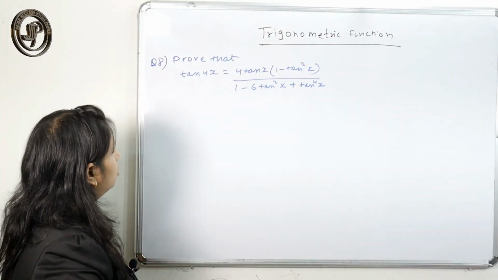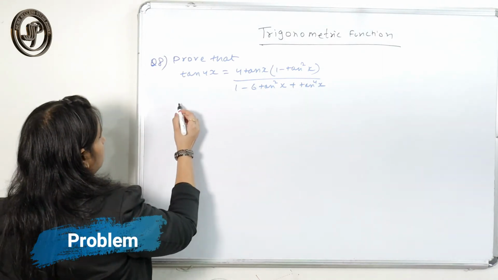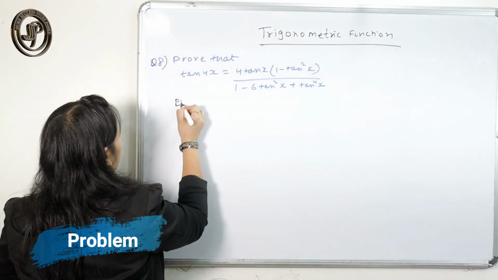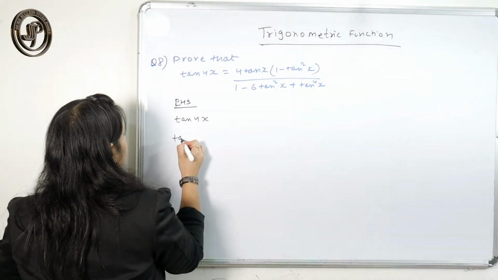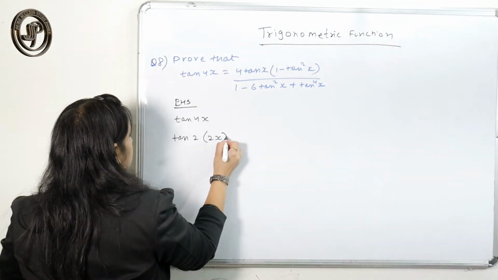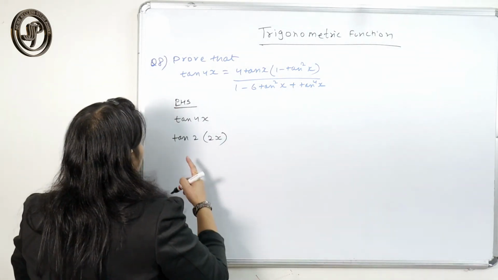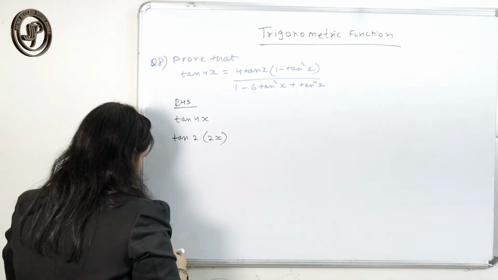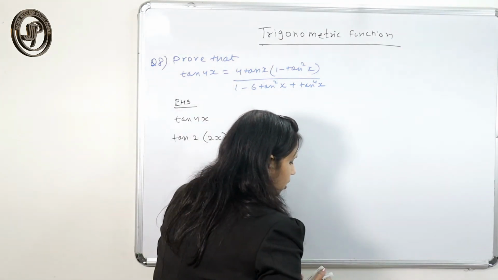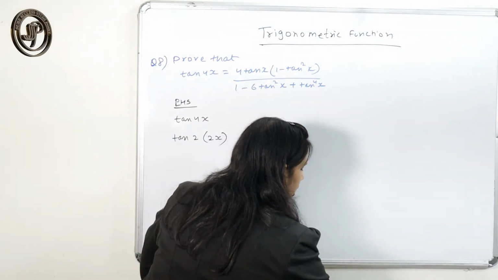So here is a question. This is an important question from the examination point of view. So here I am taking LHS, which is tan 4x. I can write tan 4x as tan 2 times 2x. Now I can write it using the formula of tan 2 theta. So what is the formula of tan 2 theta? Here I am going to write the formula.